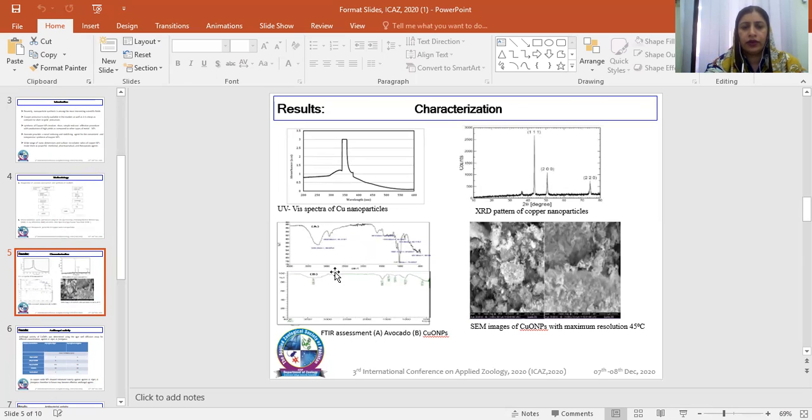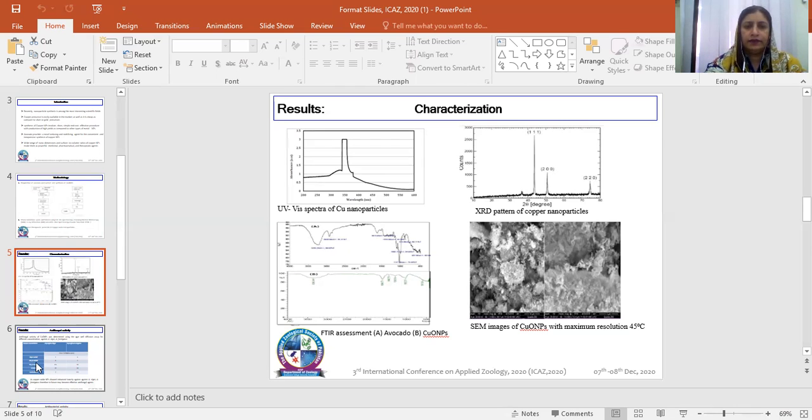A is the FTIR pattern for the avocado seed extract, and B is for the copper oxide nanoparticles. This one is the SEM image of the copper oxide nanoparticles with maximum resolution at 45 degree.